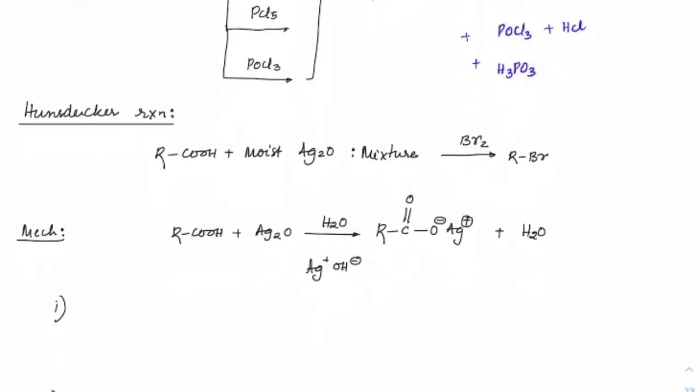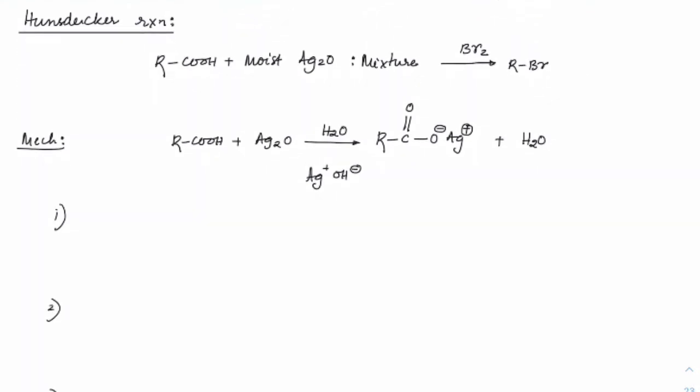Next you see the Hunsdiecker reaction. This also you have come across before. Formation of silver salt, and from there you are getting alkyl halides. Let's see what the mechanism is. First we react the acid with moist Ag2O, and then Br2, to form RBr, right? How does the mechanism take place?